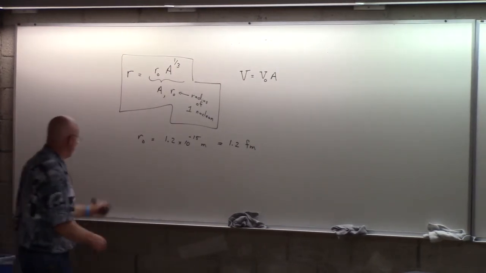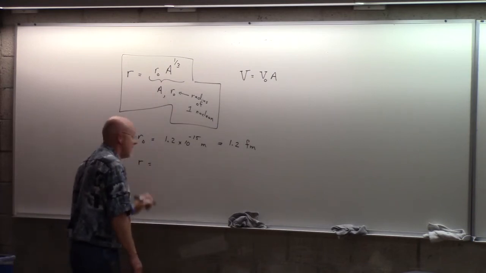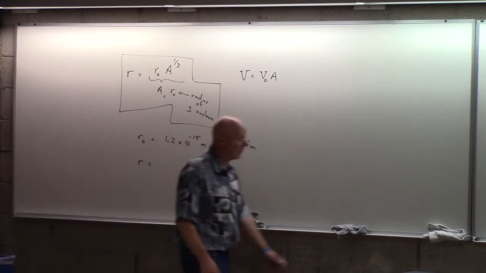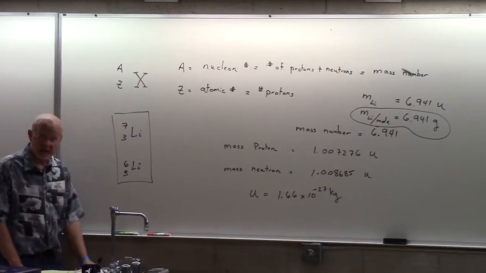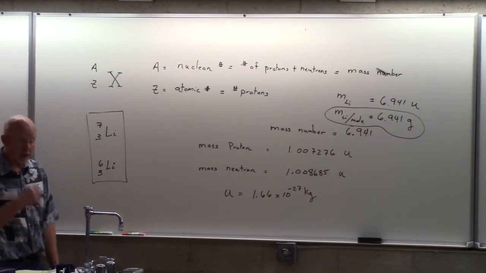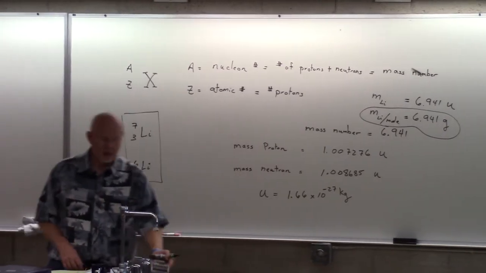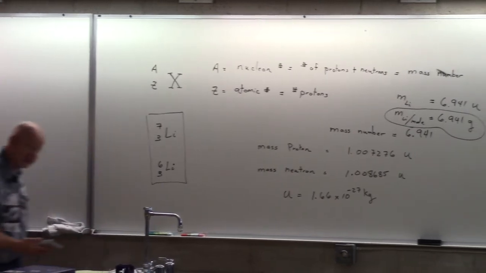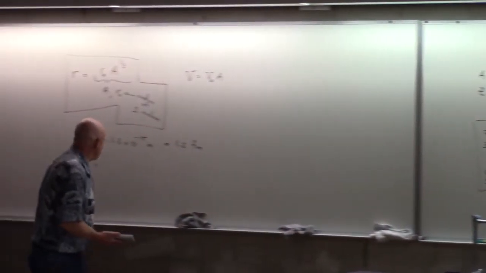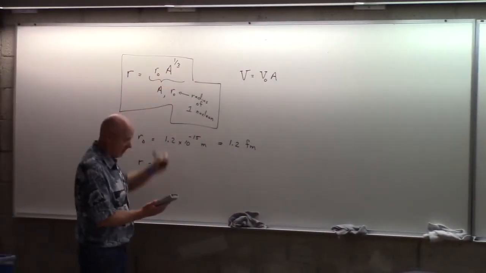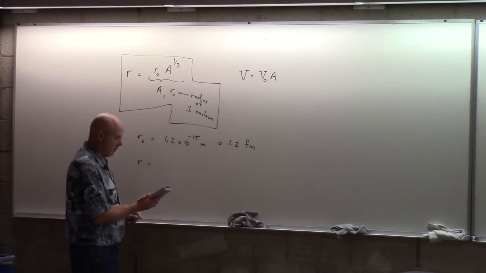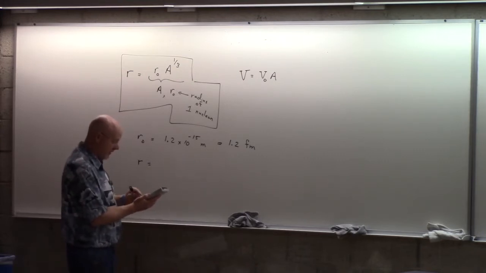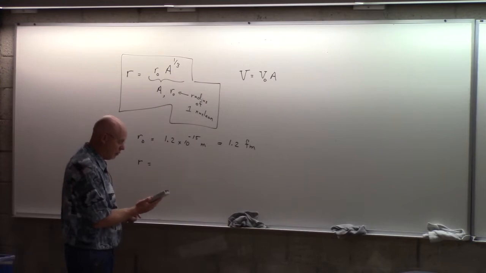So if I wanted to know the radius of, say, lithium, since I've been picking on lithium, I would come over here and say, okay, I've got a 7. That's how many nucleons have to fit in here. Some of them will have a 6, but most of them will have a 7. So with that in mind, I would take the number 7, raise it to a power of 1/3, and then multiply that by 1.2.